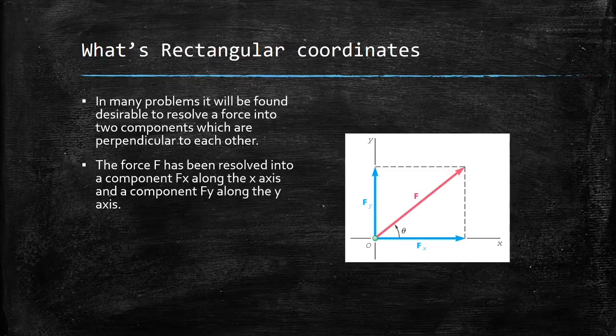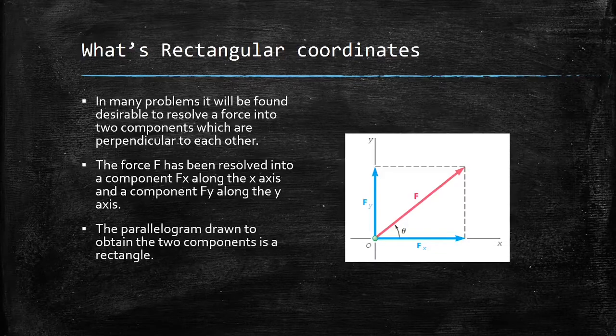The force F has been resolved into a component Fx along the x-axis and Fy along the y-axis. The parallelogram drawn to obtain the two components is a rectangle. We have seen in the parallelogram law of vector addition that two forces sum up to form a resultant force, and the two forces form the sides of the parallelogram.